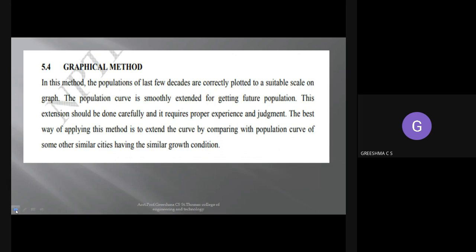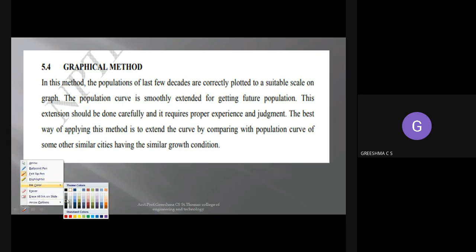In this method, the population of the last few decades is correctly plotted to a suitable scale. The population curve is smoothly extended to the future. This extension should be done carefully, as it requires proper experience and judgment.